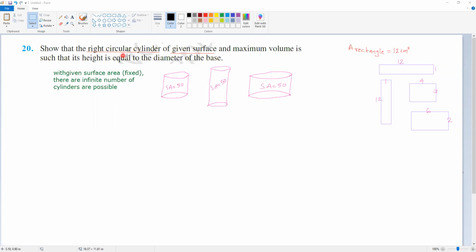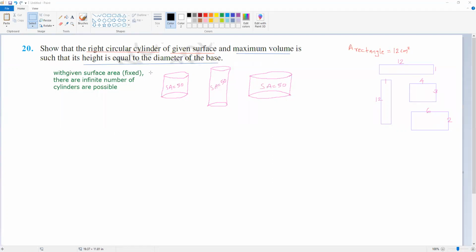Show that the right circular cylinder of given surface area, so different cylinders are possible, and what we have to prove is that out of not only the infinite number of cylinders possible, the one which has maximum volume is when height is equal to the diameter of the base.